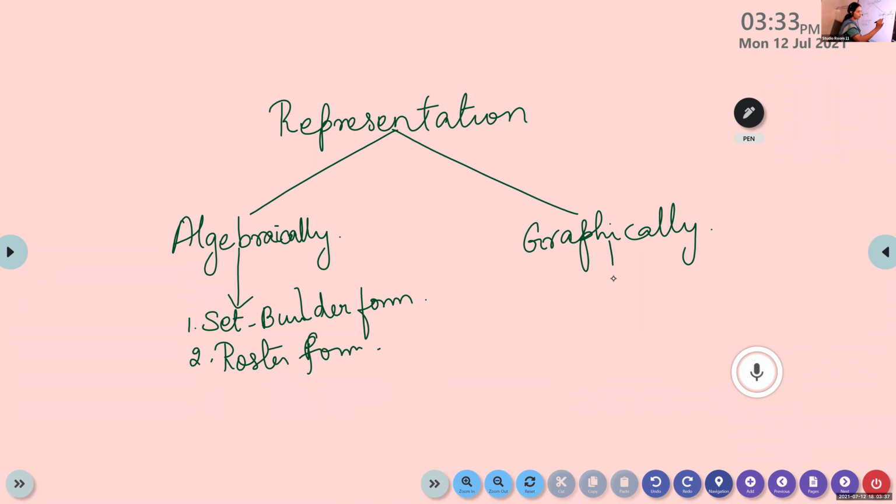But in graphical form, only one way is there, that is the arrow diagram. So a relation can be represented in two ways, algebraic form or graphical form. In algebraic form, there are two ways: set builder form and roster form. In graphical form, there is only one way, the arrow diagram.